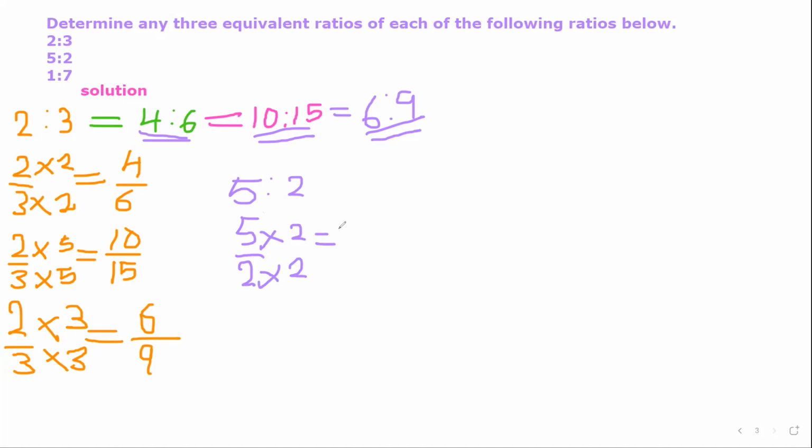And you get what? 10 over 4. So 10 over 4 is also an equal ratio, which is the same as 10 to 4. Good.